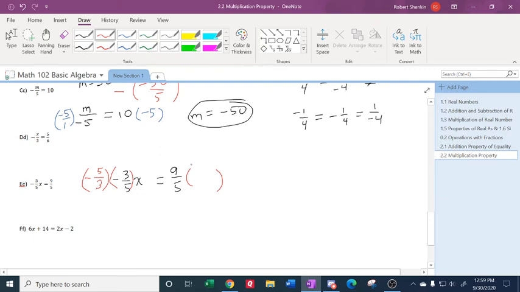Okay, now I multiplied this side by negative 5/3, so I multiply this side by negative 5/3. Okay, now I'm going to get two negatives positive and 15 over 15, which reduces down to 1, or whenever you multiply a number by its reciprocal, everything cancels out and you just get 1. 1 times x is x.